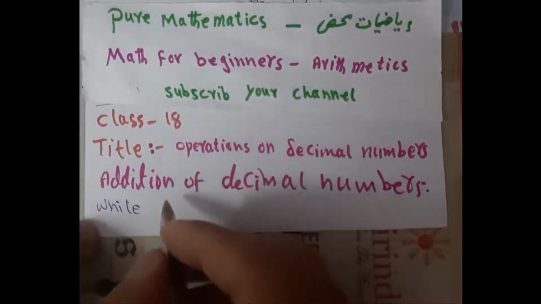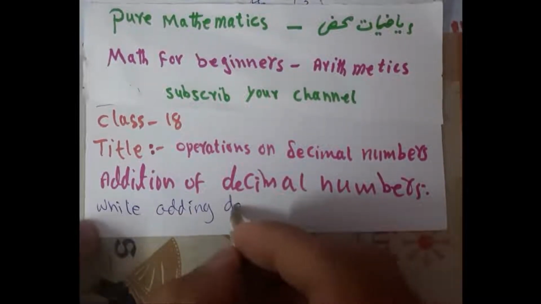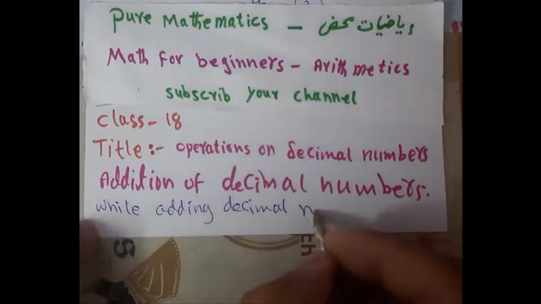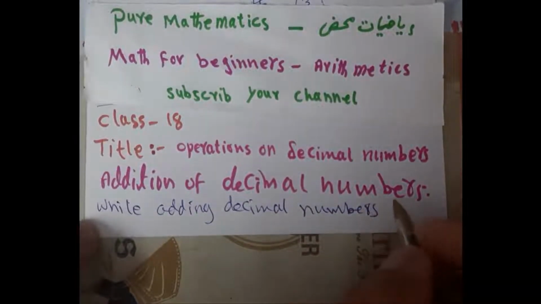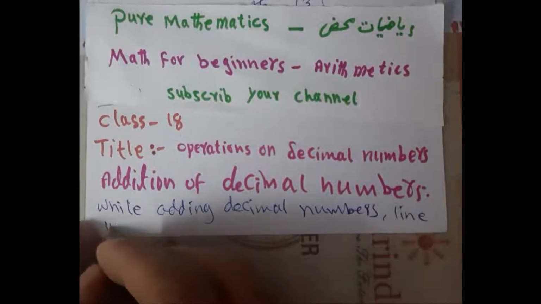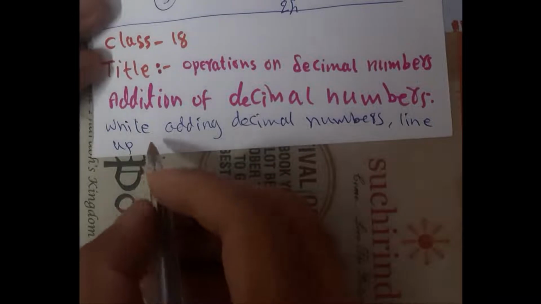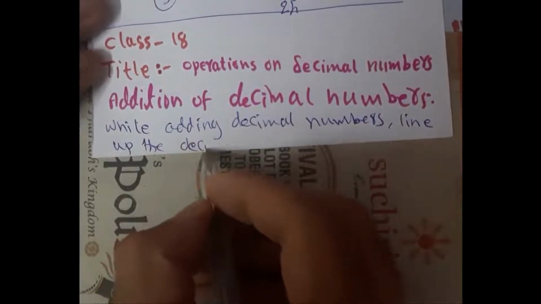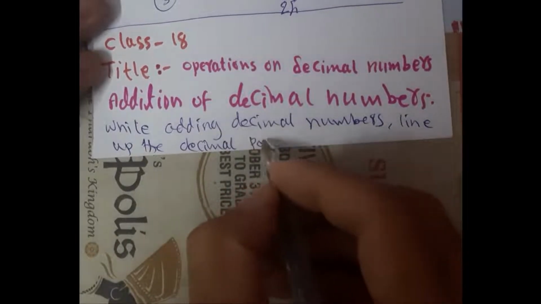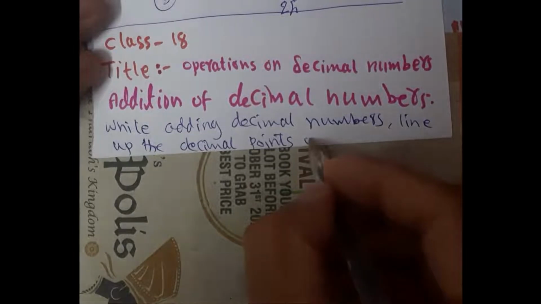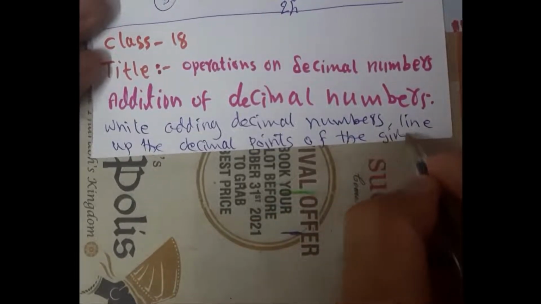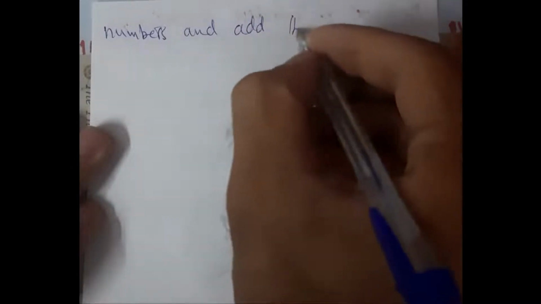While adding decimal numbers, line up the decimal points of the given numbers and add the numbers.